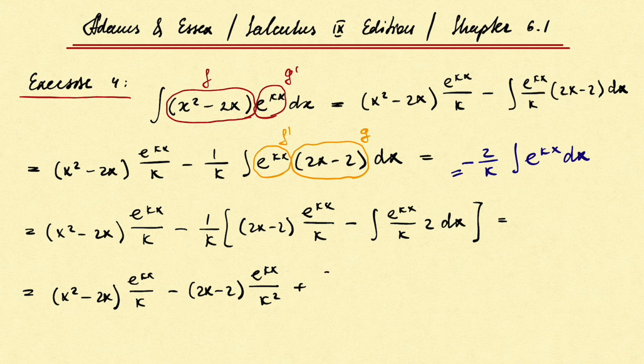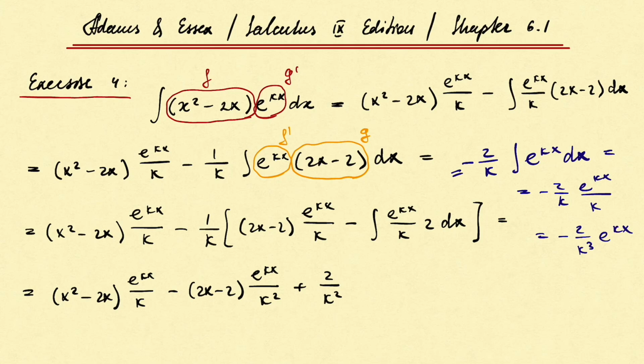So I have 2 over k squared times the integral of e to the kx, which is, let me write it here as well, e to the kx over k, right? And to write this as our final answer, it's k cubed.